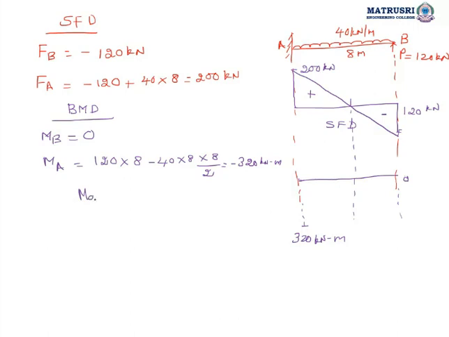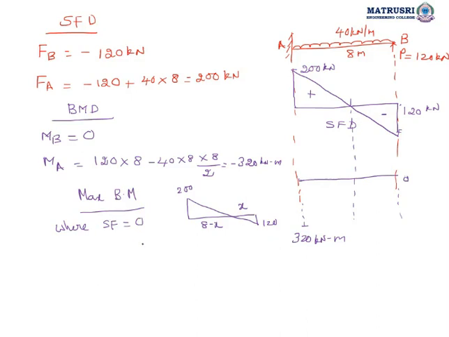So I will go for maximum bending moment, where shear force changes its sign. Using similar triangles, this is 120, this is 200. I am taking this as x, and the remaining becomes 8 minus x.